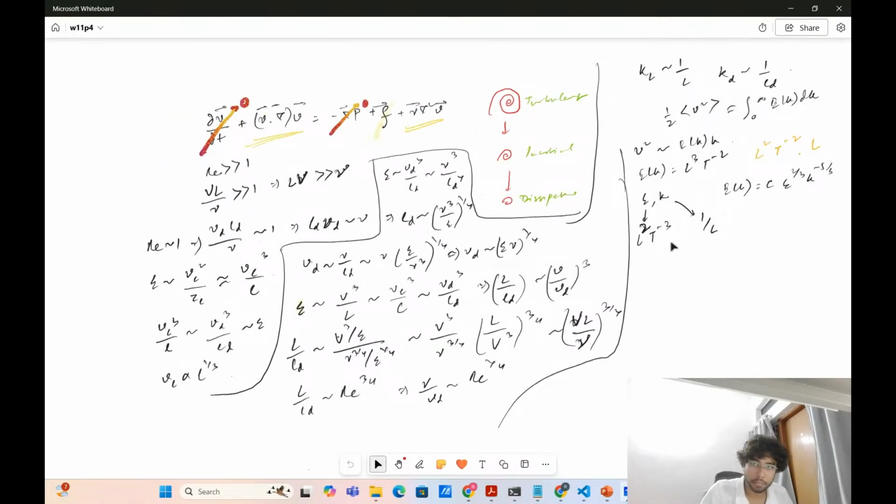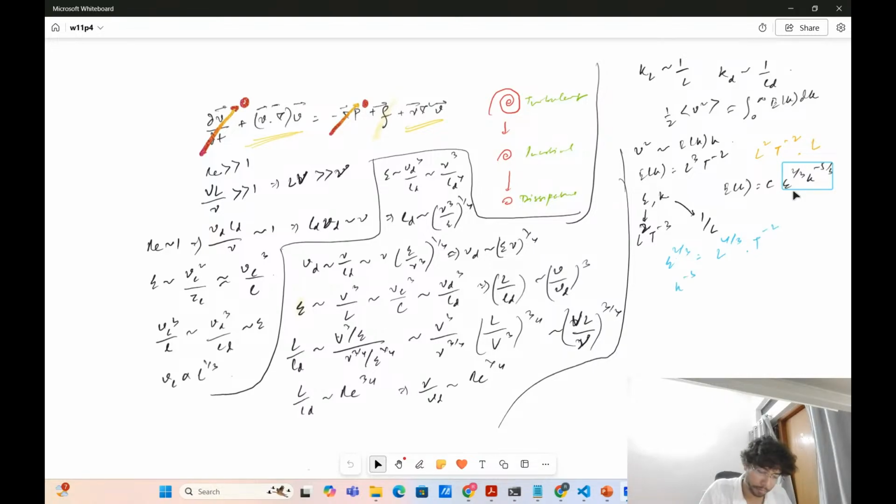Okay, so if you can just verify this. So let's just verify this. Epsilon to the power of 2/3 will give you L to the power of 4 by 3 t to the power of minus 2, right?